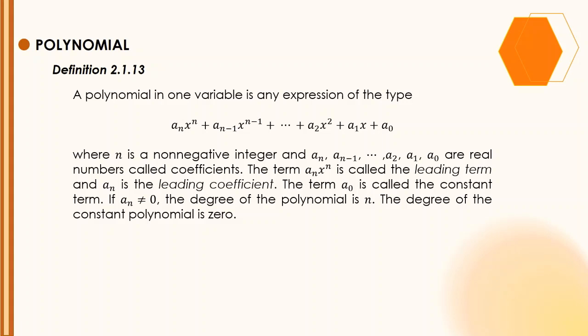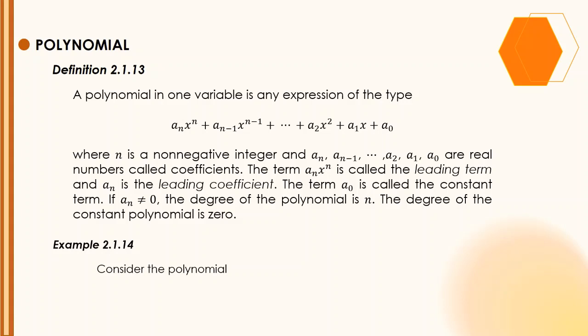The term a sub n x to the power of n is called the leading term, and a sub n is the leading coefficient. The term a sub 0 is called the constant term. If a sub n is not equal to 0, the degree of the polynomial is n. The degree of the constant polynomial is 0.